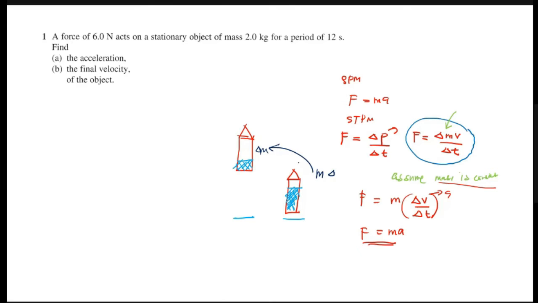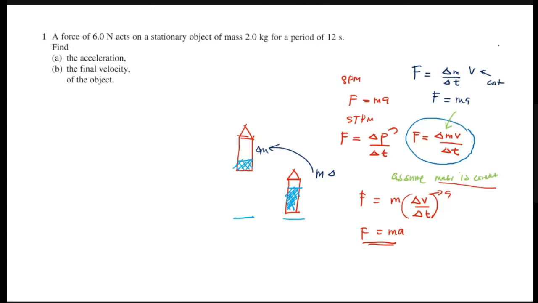So in this case, F equals change of mass times v over change of t. Let's say v is constant, then it's not actually F equals ma.